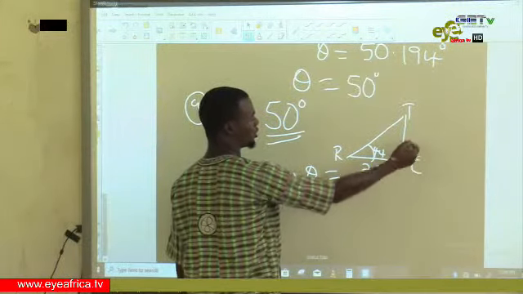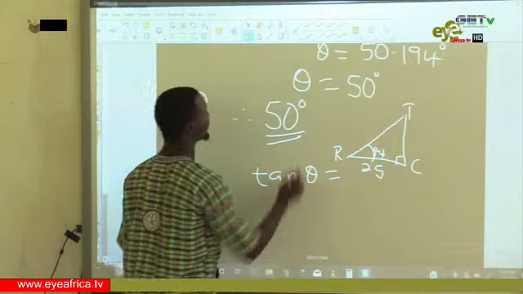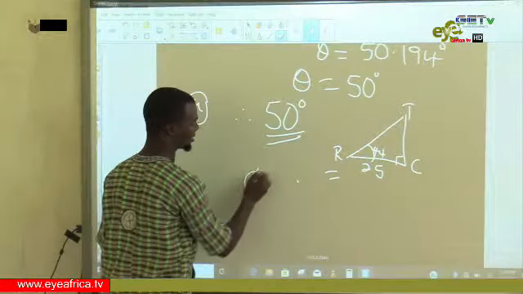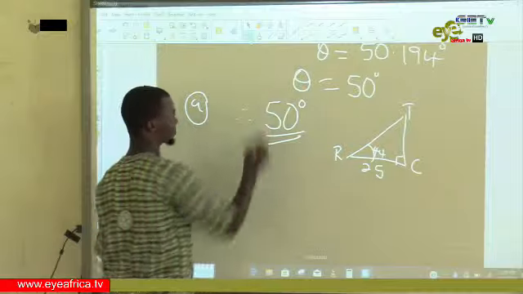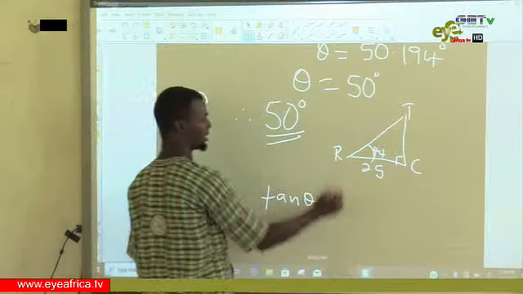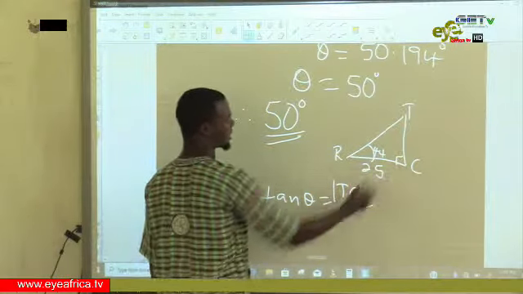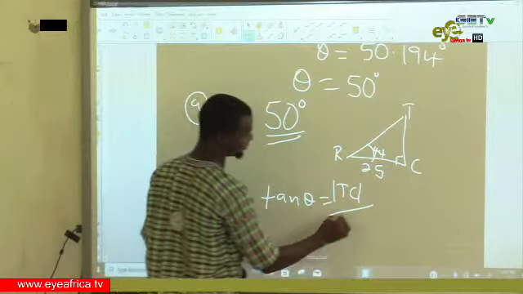This 25 meters, so the opposite is TC. Tan theta is equal to opposite, that is the side TC, all over the other side, that is 25.